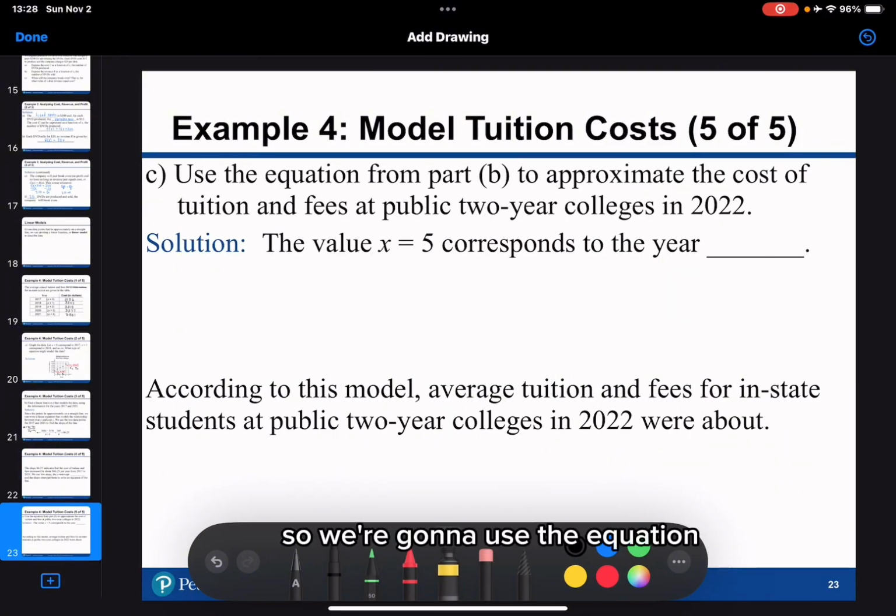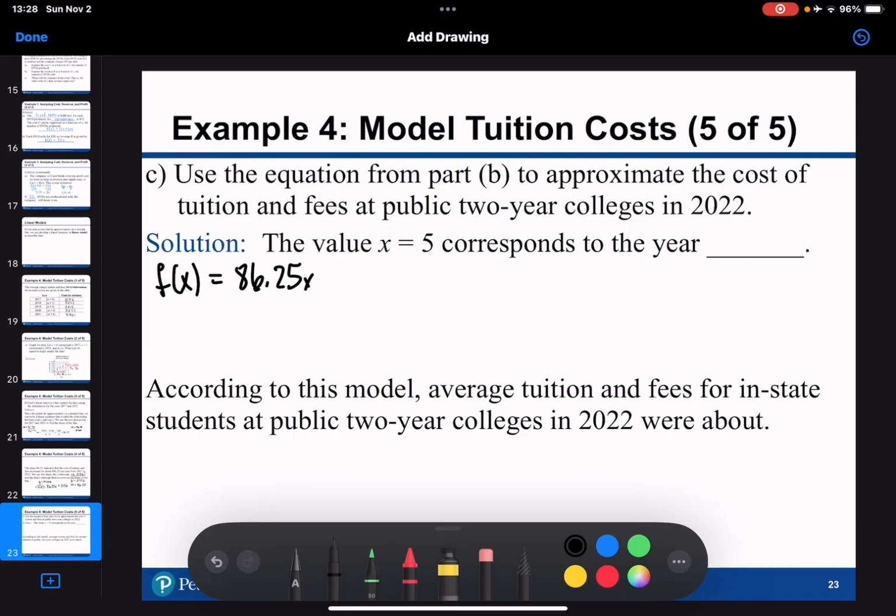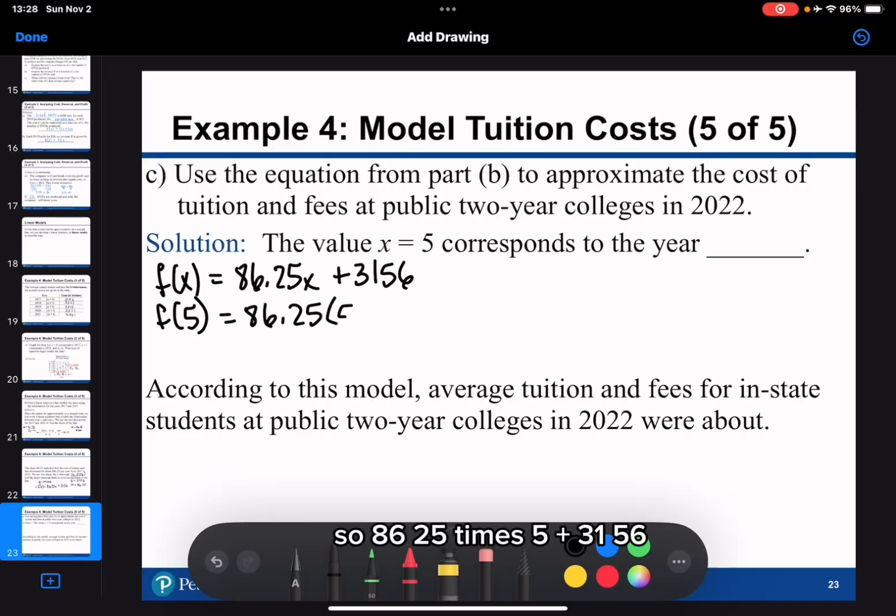So f of x equals 86.25 x plus 3,156. I want f of 5. So 86.25 times 5 plus 3,156.